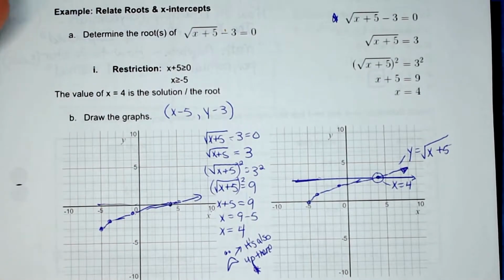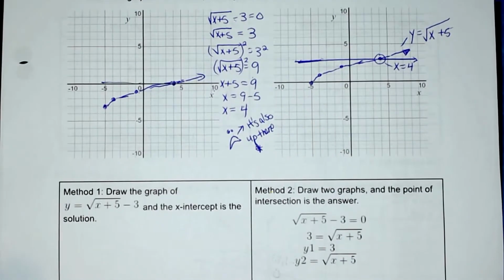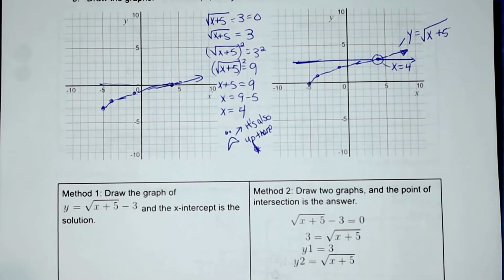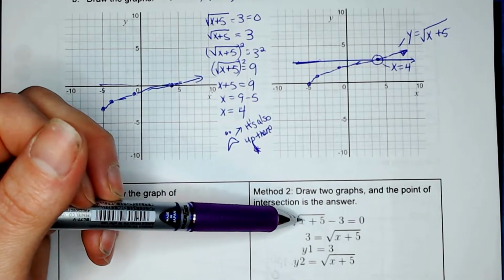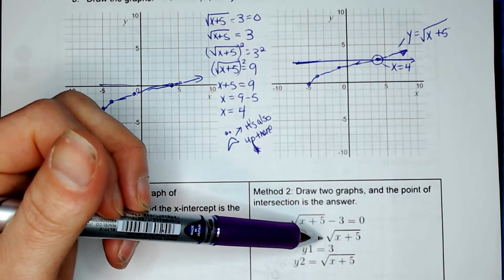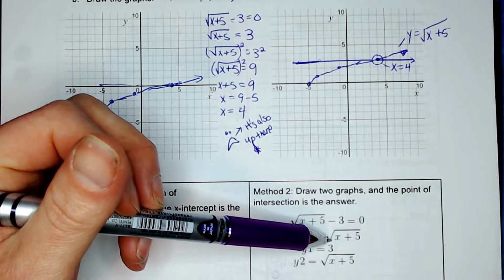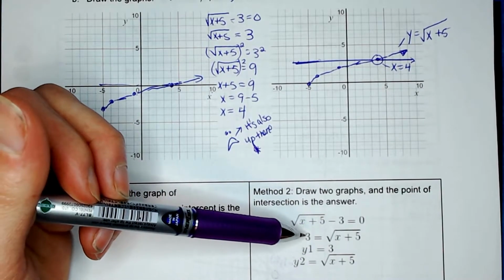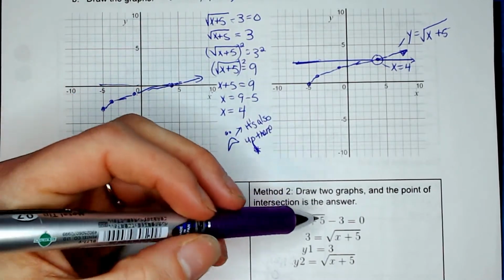Now, what we can also do is a second method, which is shown on the right here. What we do is set the equations equal to each other. The root of x + 5, which is one graph, is equal to 3, and that's going to give us our y coordinates.